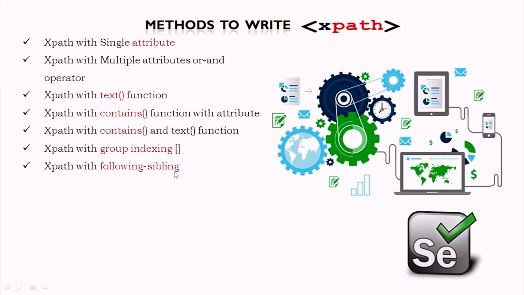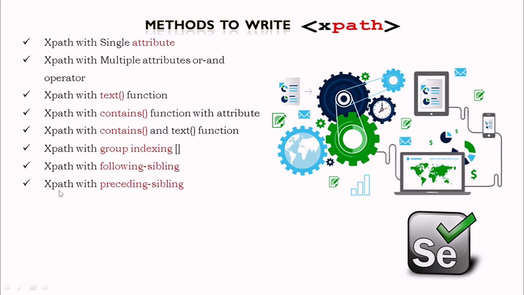XPath with following siblings. These are called the XPath axes. When we have multiple web elements and these web elements have the same parent, we can write for the child elements using the following sibling concept.